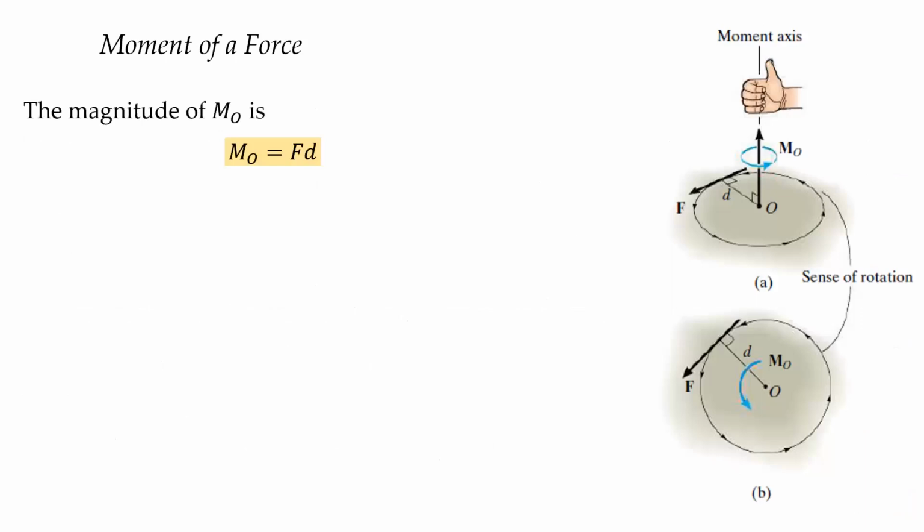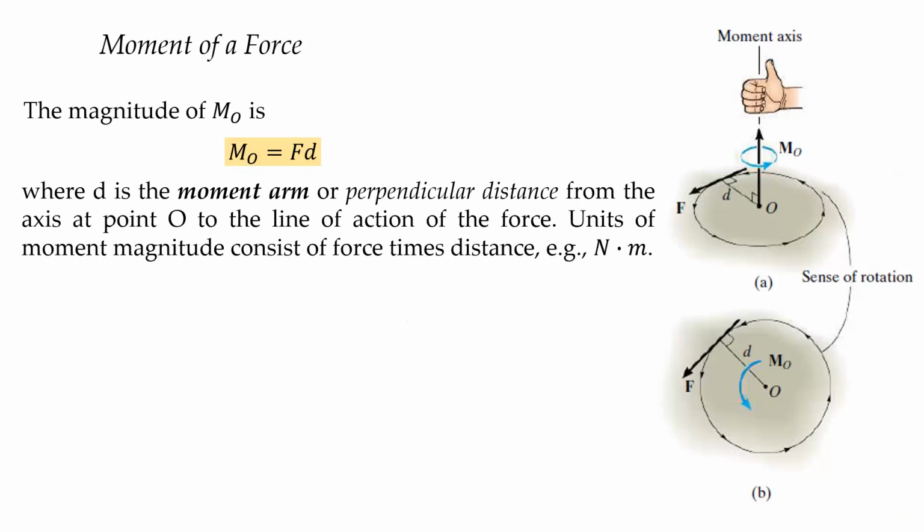So, of course, magnitude of moment is force times distance. Now, this is not the same as work in your physics, because work is created when you apply a force to your object and, due to the applied force, your object moves at a particular distance.